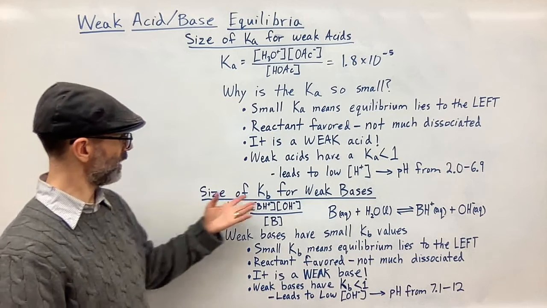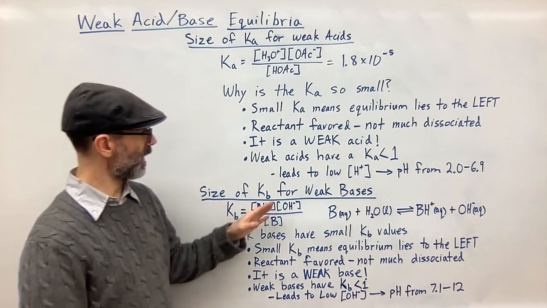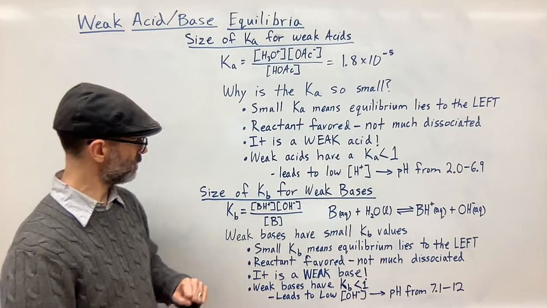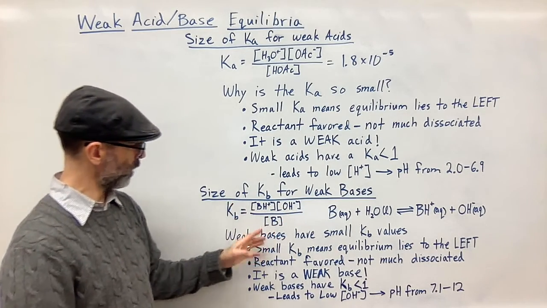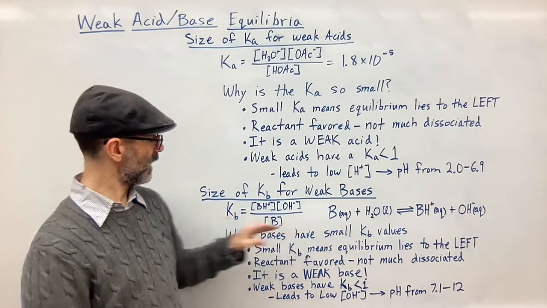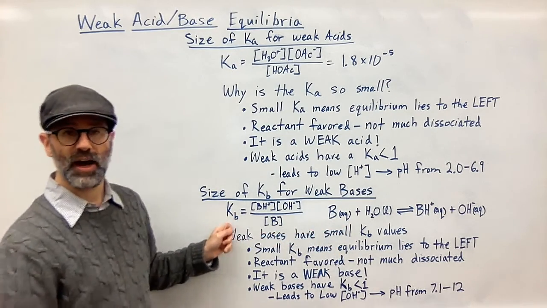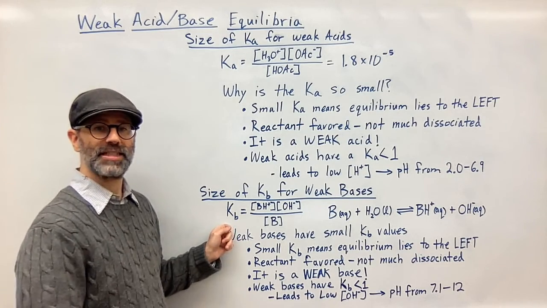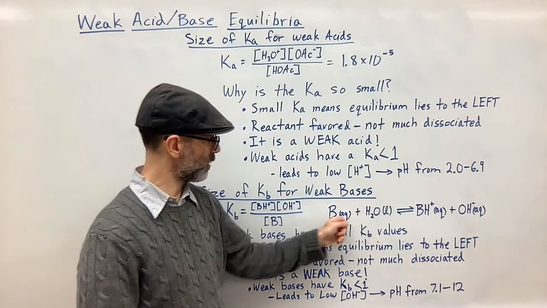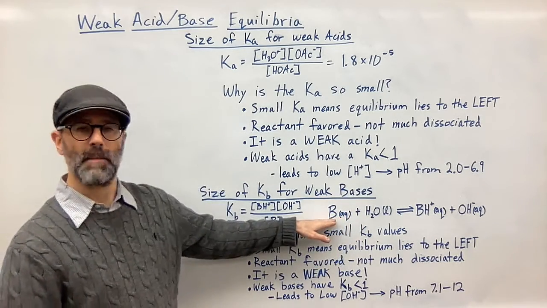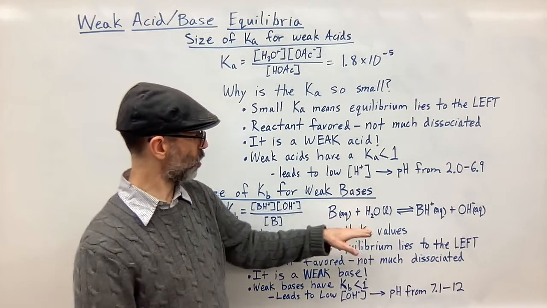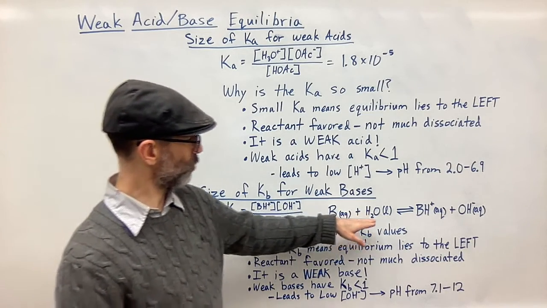So what about Kb? The size of the Kb is for weak bases. Here's the Kb expression, and here's a generic equation. Again, the Kb is defined as the equilibrium between the base and the water that it's reacting with. Here I have my generic base B, and here I have water. The base is going to react with water.